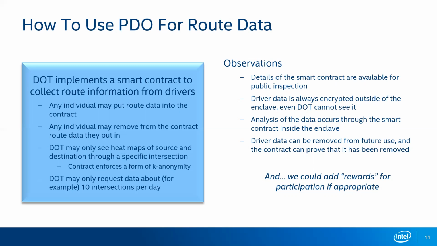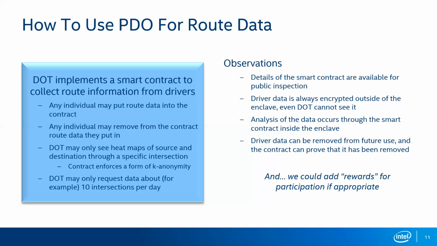So it gives them the information that they want, but there's no way in the world that they can identify the contributions of an individual driver to the results of the query that they're getting back. And of course, with the differentially private approach, we have to enforce limitations on the number of queries that can be performed on the data per day. So the Department of Transportation is restricted on who, how many, and what kind of interactions they can have with this data.